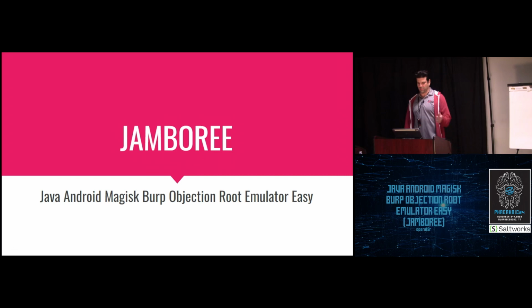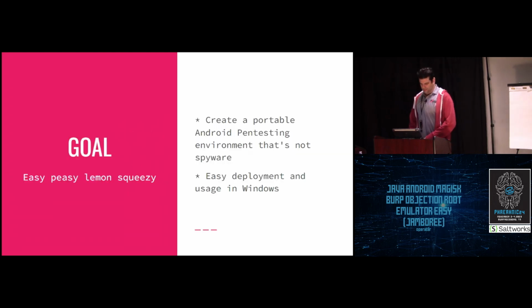So Java, Android, Magisk, Burp, Objection, Root, Emulator, Easy, which basically combines all the stuff you need to start looking at the traffic on the wire or inspecting traffic using Objection or Frida, and start looking at the garbage code that gets sent over the internet. So, all right, go. Easy peasy lemon squeezy.